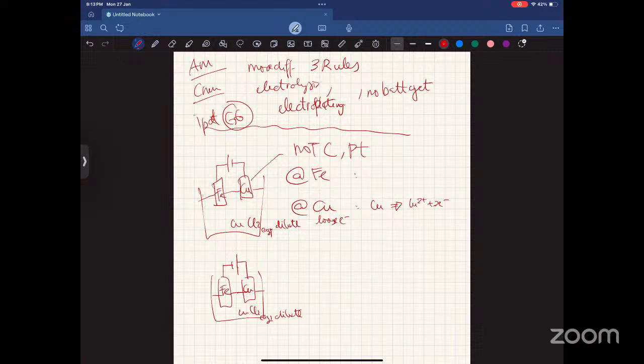Wait, no, I don't think that's how it goes. Is this the one where the thing dissolves in the electrolyte? Are you sure about something, or you're not sure at all? I kind of forgot the different types.